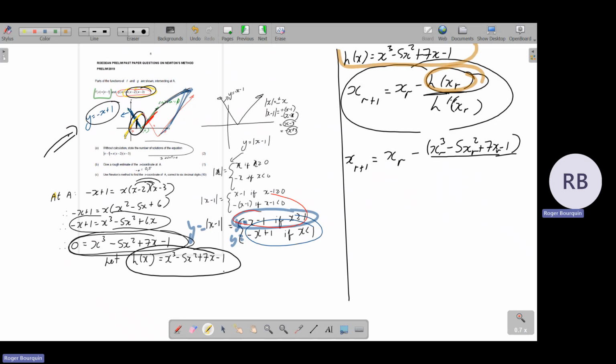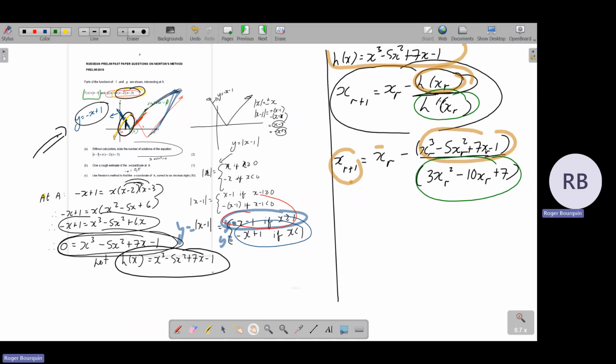All this is saying is that your next guess is the previous guess minus your first estimate put into this whole thing over h dash of xr, and h dash, the derivative of this, is going to be 3xr squared. If you just write x, not xr, that's fine. Minus 10xr plus 7. So that's our Newton's formula for this particular graph.